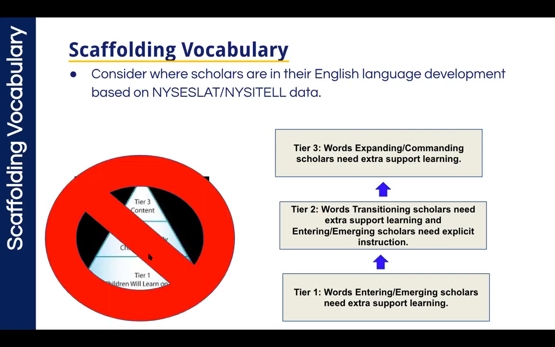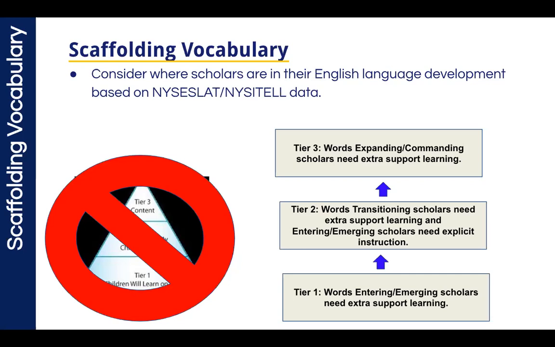So I suggest not using the pyramid and instead thinking of it as an upward flow chart. You have to have the tier 1, and then from there, you're able to build on the tier 2 vocabulary. The tier 2 vocabulary is often where we see many of our transitioning scholars need extra support, and our entering and emerging scholars need really explicit instruction.